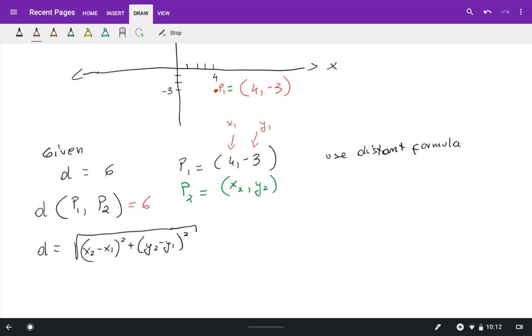And we know that the distance is equal to 6, so we have 6 equals, and let's plug it in. x2 minus x1, so x2 minus 4, squared, plus y2 minus y1, squared.